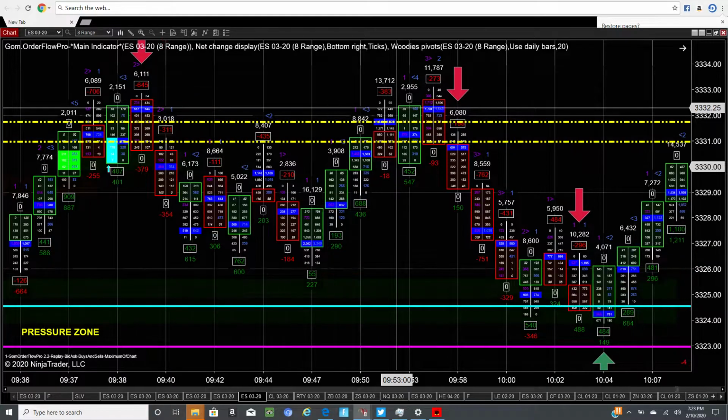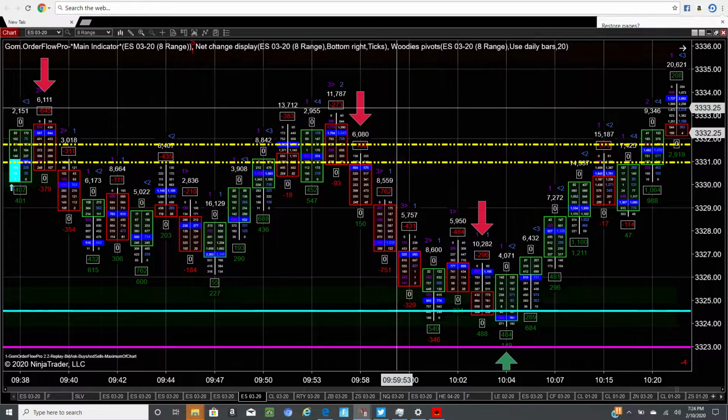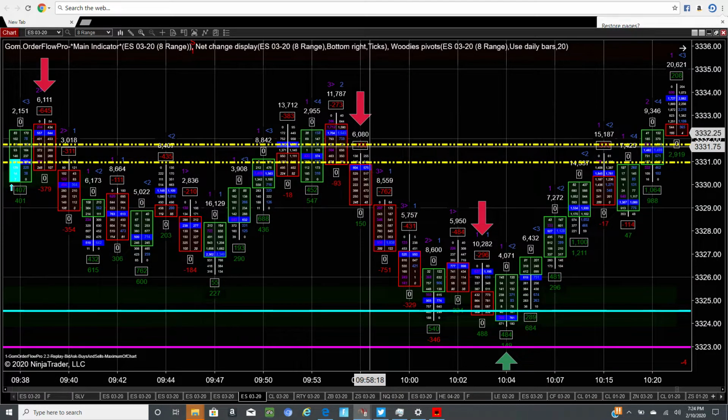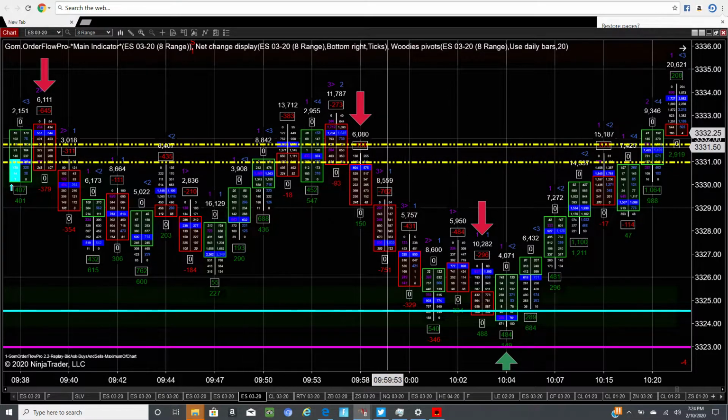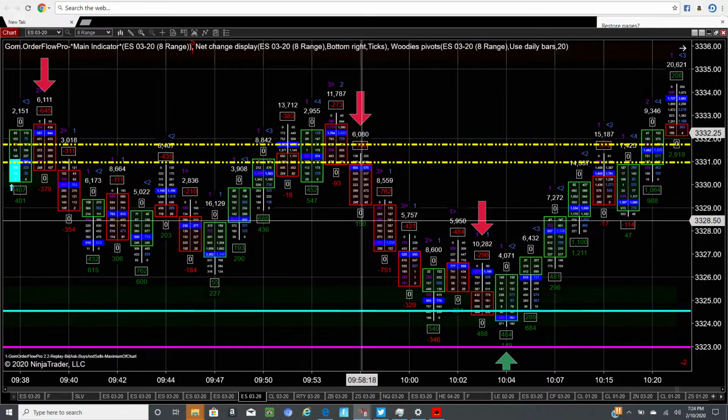So then we have a hybrid sell right here with the point of control being 3 down from the high. All right. Then we're right at a yellow zone, and we have a divergence on top of that.